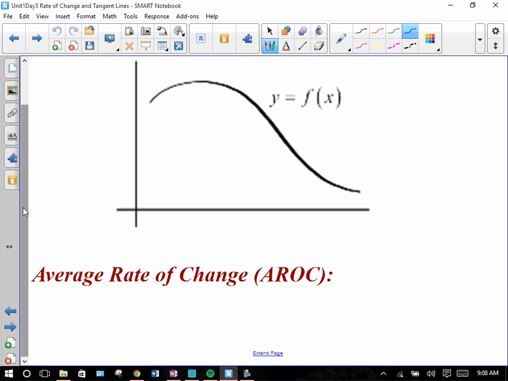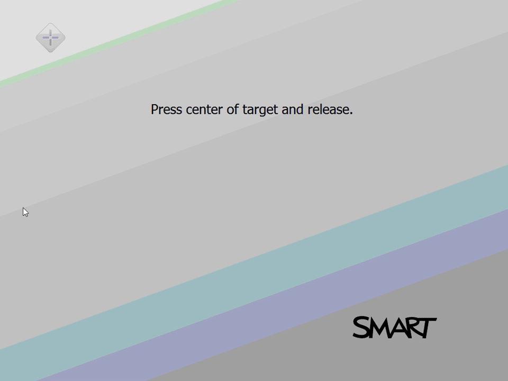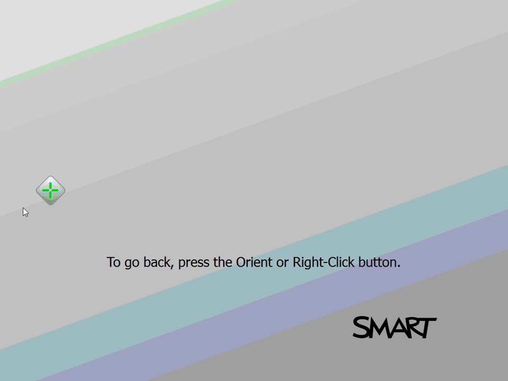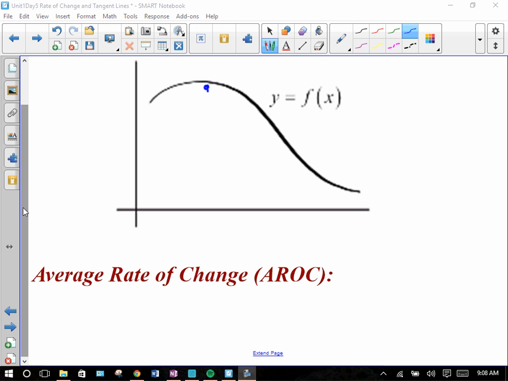we said initially, well, we're going to take 2 points on a line and find the slope of it.